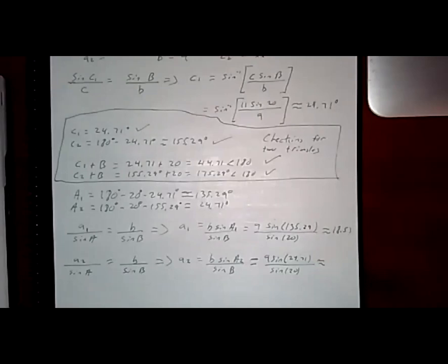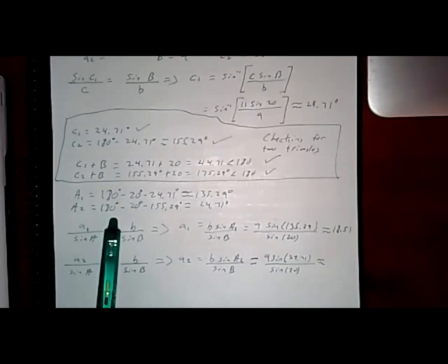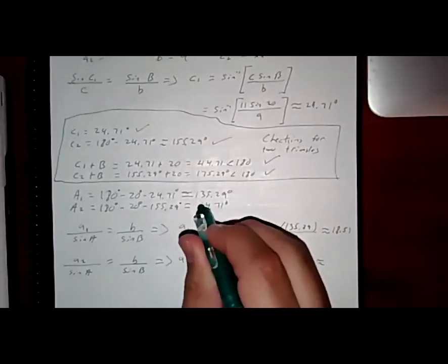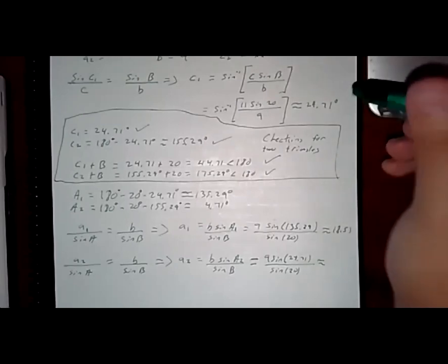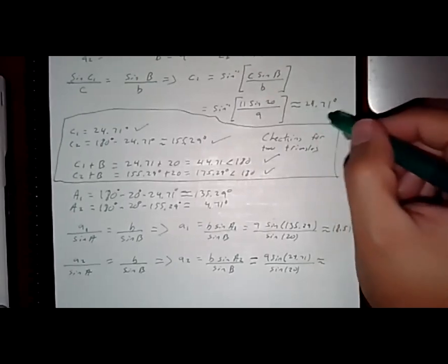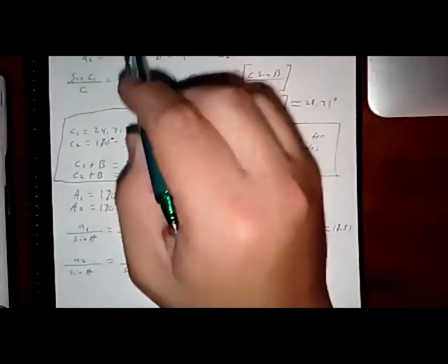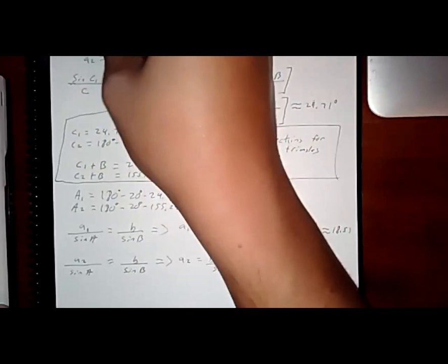Second triangle, I messed up here. That should be 4, not 24. Let me double check here. 180 minus 20 minus 155.29. It's 4.71. I don't know where I got that. I guess I must have copied this by accident. Weird. So this one's wrong right there.